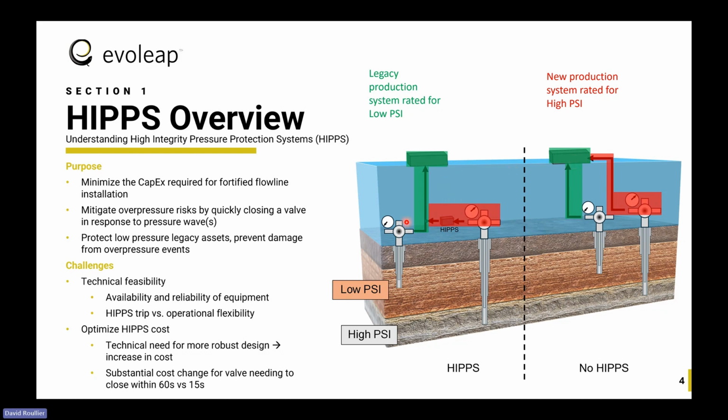And therefore, the HIPPS comes in as a protective layer which allows you to greatly reduce the CapEx footprint, okay?